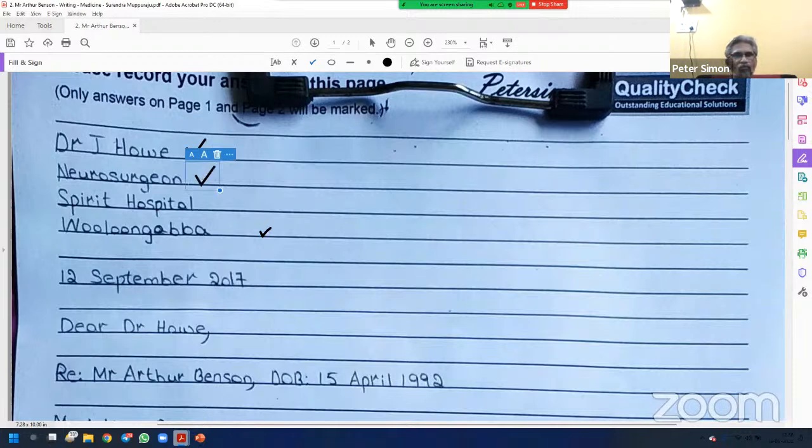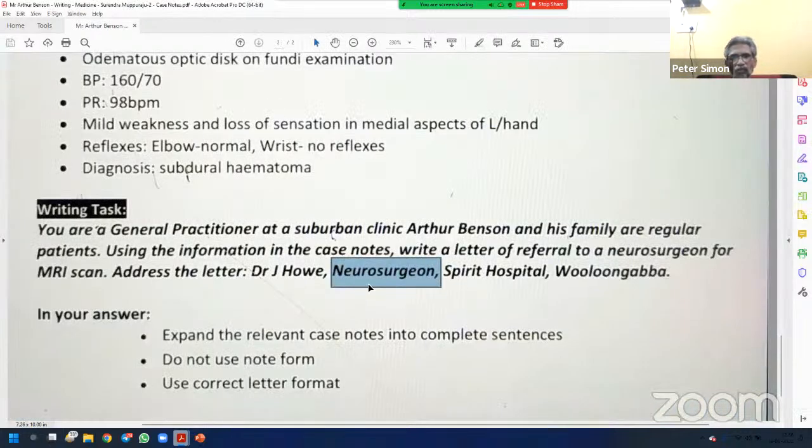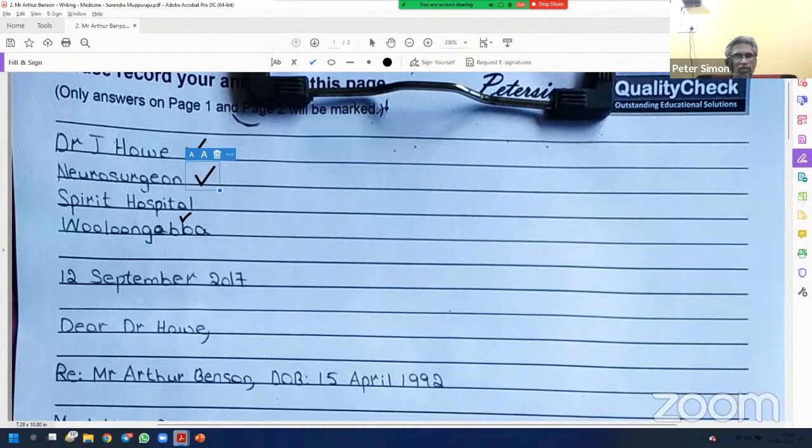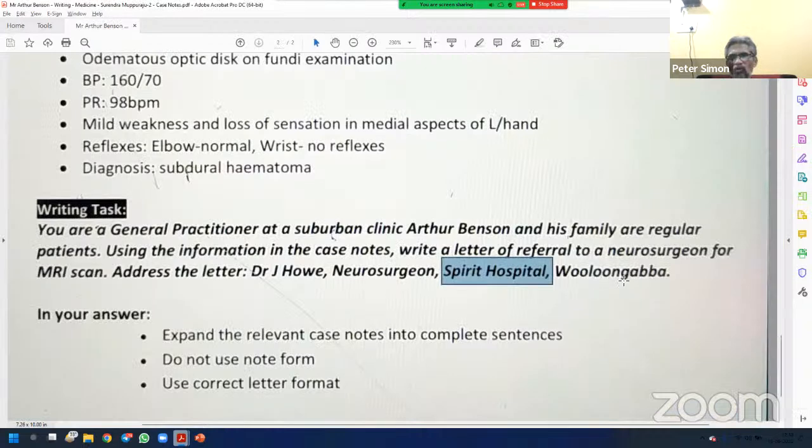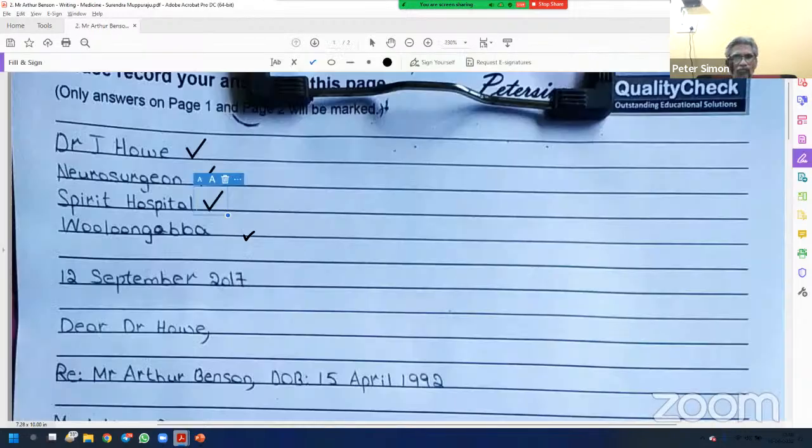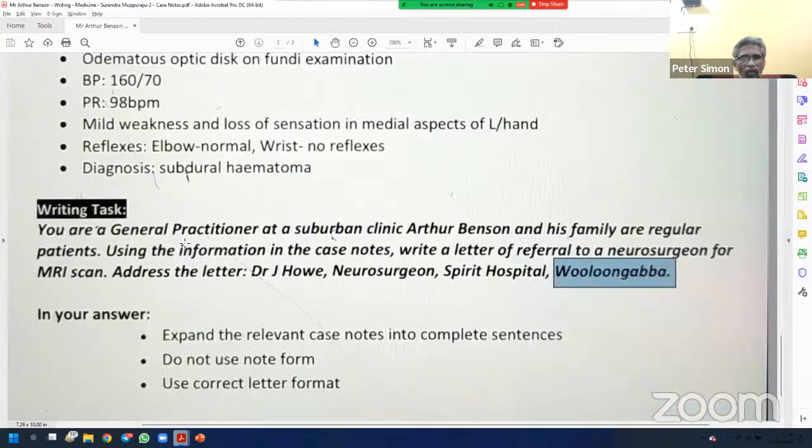Neurosurgeon. Spirit Hospital. Wollongabba. Right. Dr. Jehove, neurosurgeon, Spirit Hospital, Wollongabba. Using the information in the case notes, write a letter of referral.